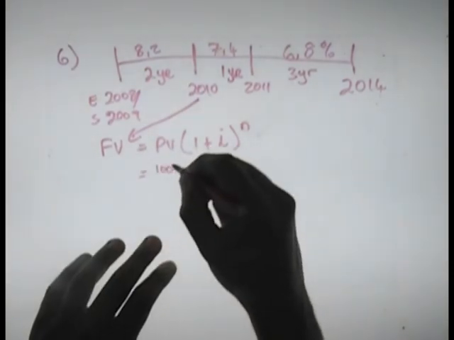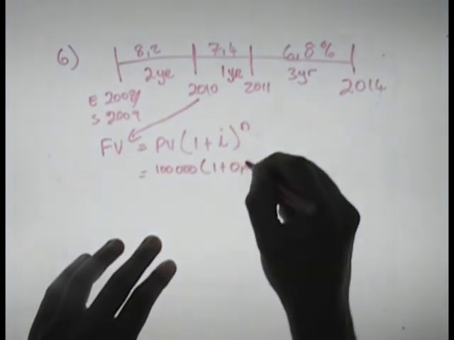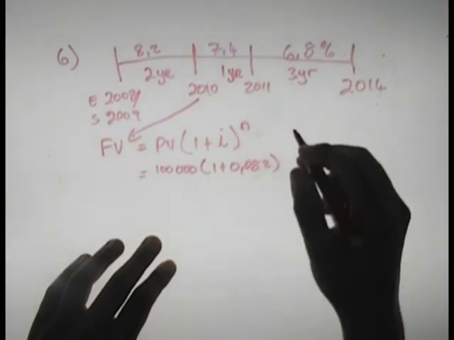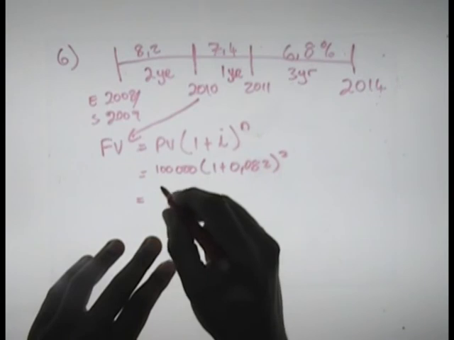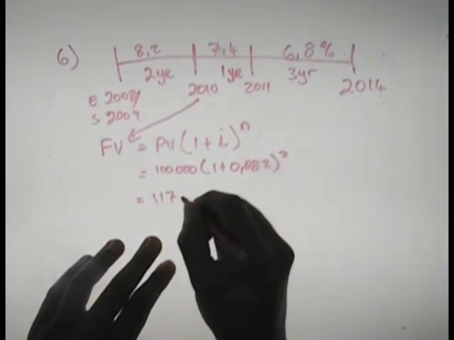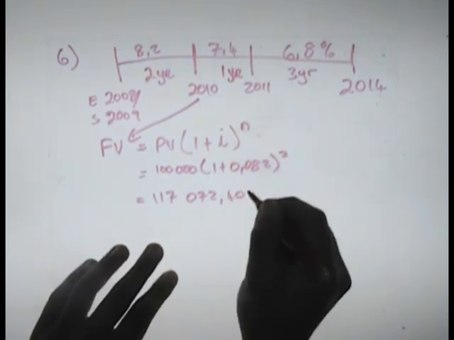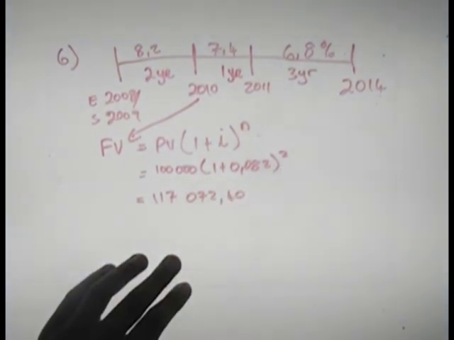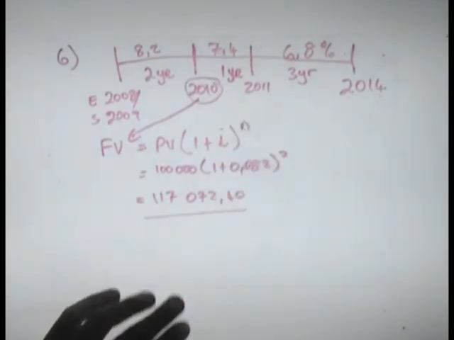Present value 100,000 Rand multiplied by 1 plus our interest of 0.082, 8.2%, to the power 2 years, which will give us an answer of 117,072 Rand and 40 cents. This is our value at the end of 2010.